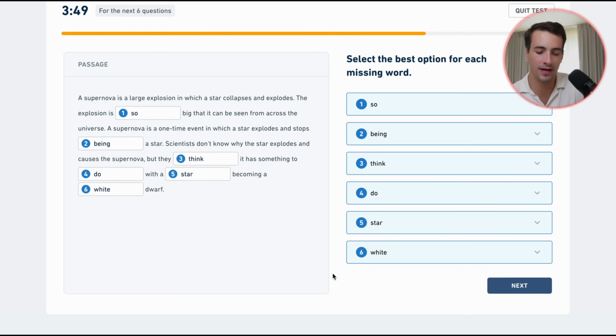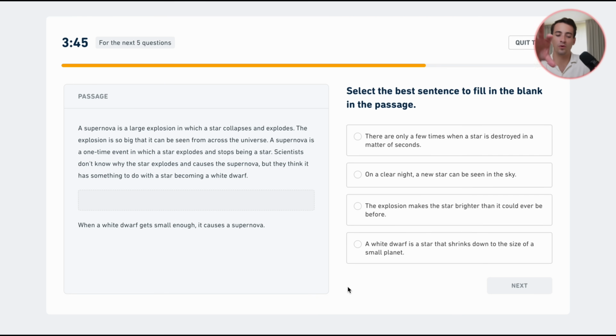All right, so once you fill in the missing words, then you will be given a new part of the passage, and you have to find the correct sentence that links the old part with the new part. So what I would recommend is, as you're going, you should reread this entire first passage to make sure that, one, you have the correct answers, but two, so that you fully understand the passage.